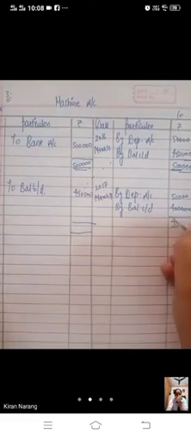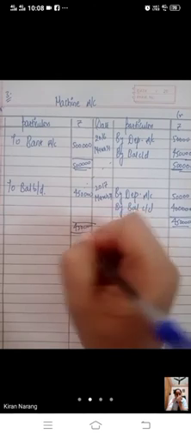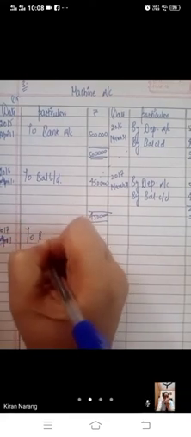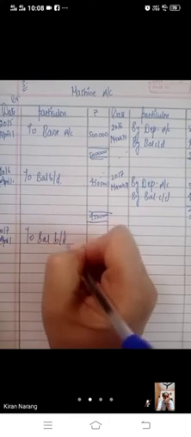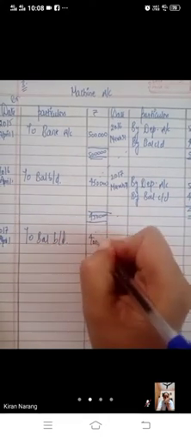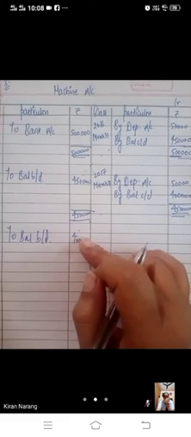Total will be 4,50,000. Next year will start on 2017 April 1. To balance brought down. This 4 lakh will become the balance brought down of next year. Okay? Balance carried down of one year will become the balance brought down of next year.